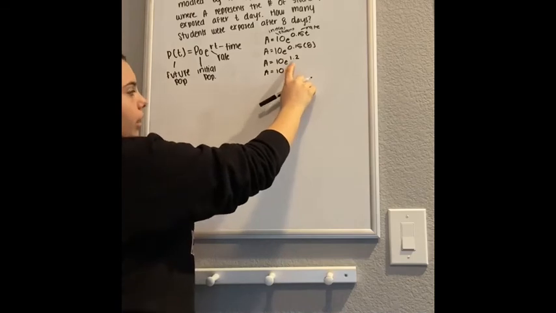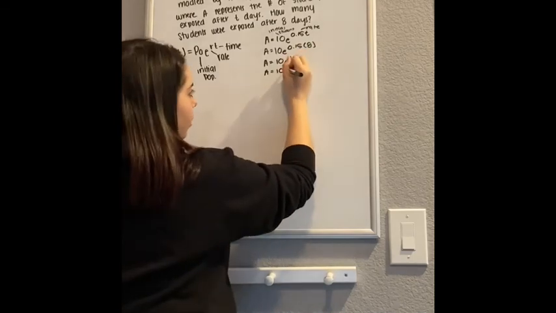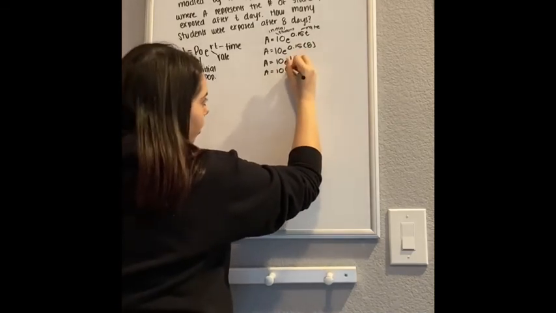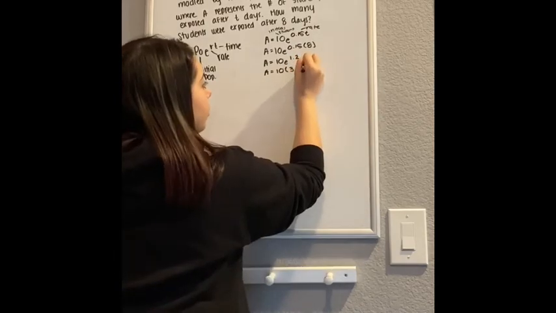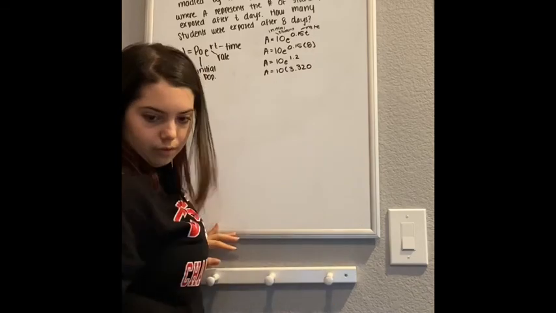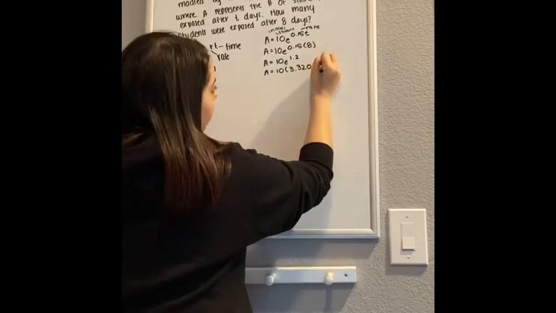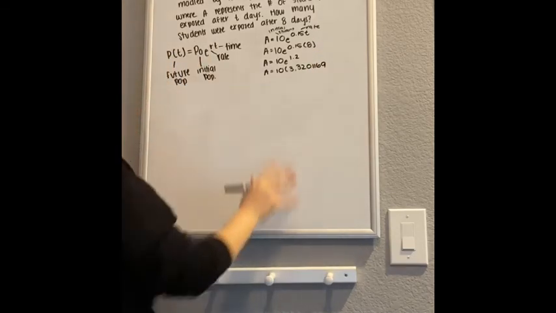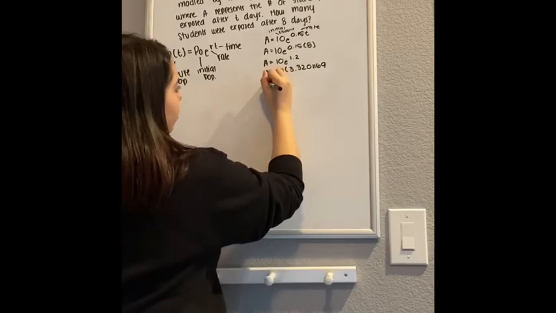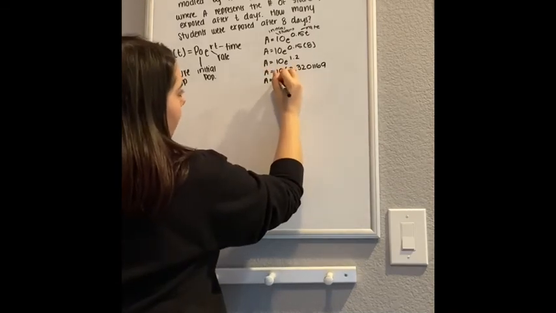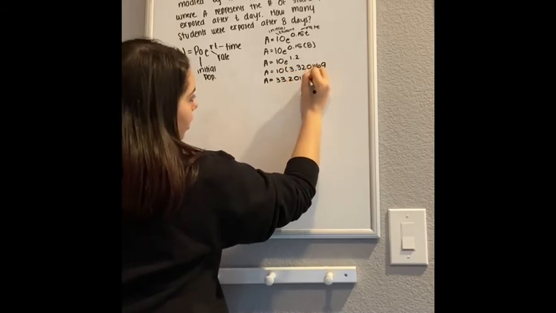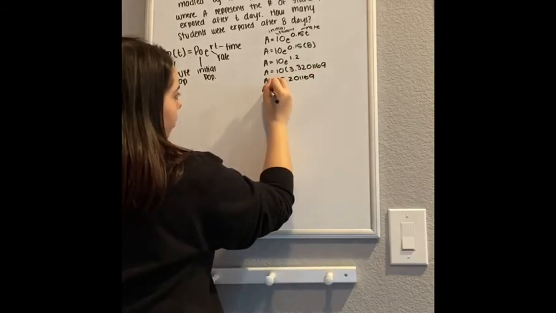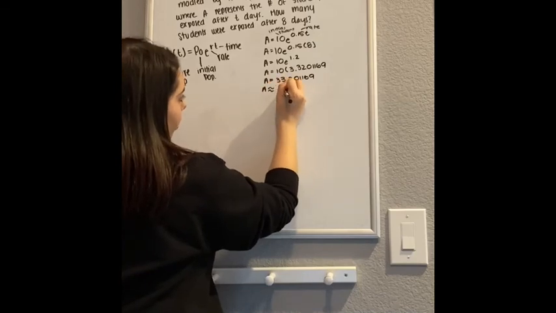So now we're going to do e to the 1.2, which is 3.3201169. I haven't rounded yet, I'm going to round at the end. So now we multiply and we get 33.201169, which rounds to about 33.